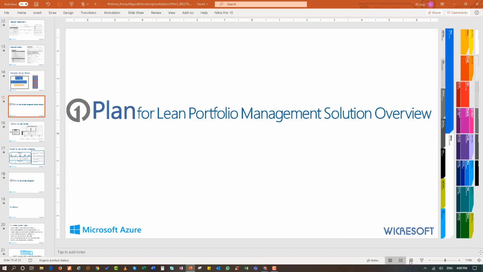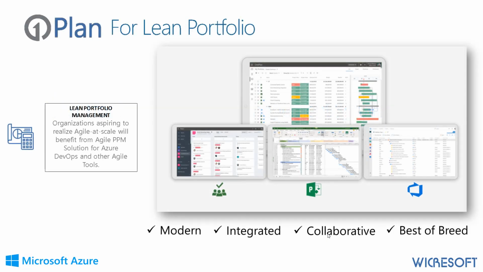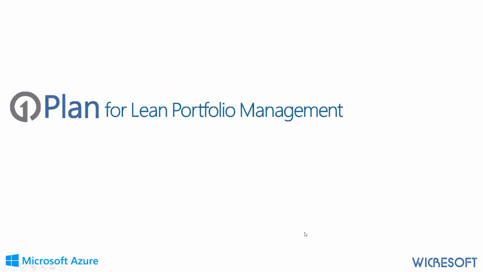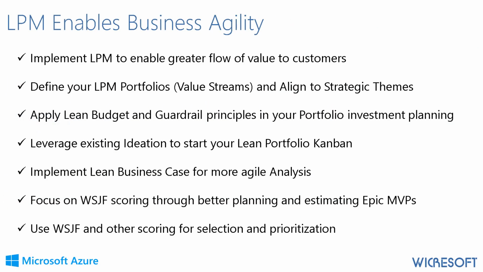I'm going to go back and just have some closing thoughts on some key takeaways from Lean Portfolio Management. So as you can see, Lean Portfolio Management can enable business agility, and we have some steps here to begin your journey. The first is, if you're interested in generating greater flow of value to customers, that is the exclusive focus of Lean Portfolio Management.